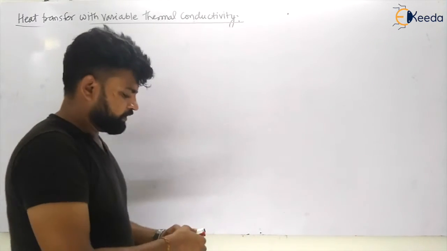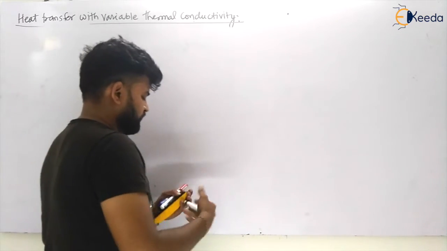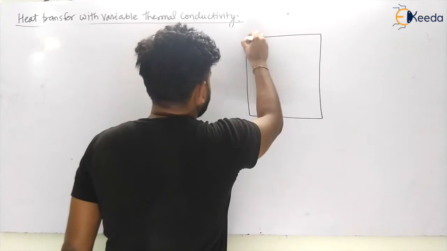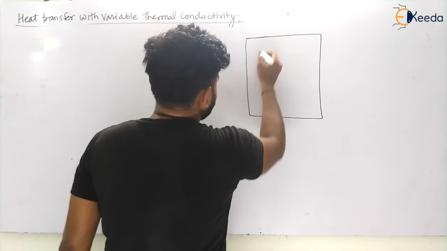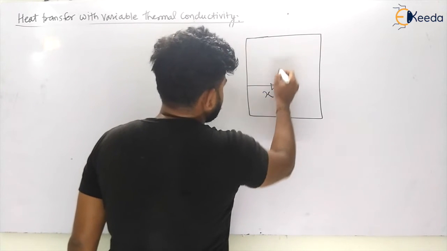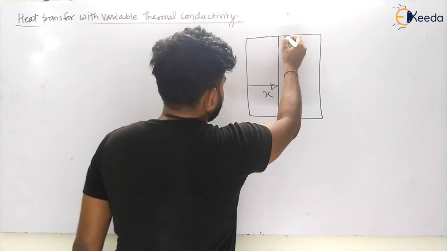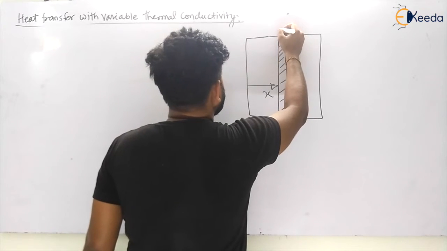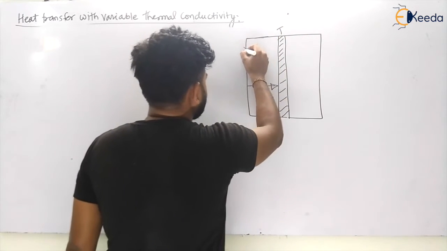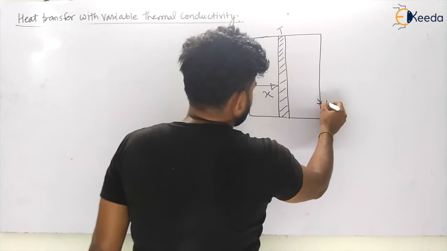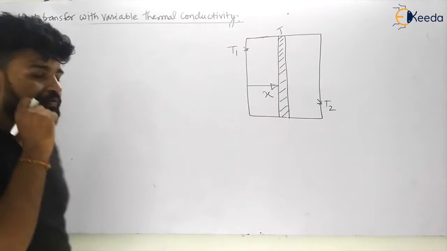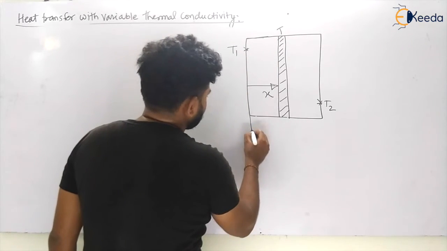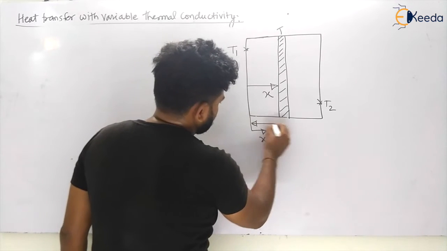If this is your plain slab, and you want to calculate the temperature at any distance x. Let us say you have to calculate temperature T here, and this is your T1, this is your T2. So let us calculate the temperature profile in the case of variable thermal conductivity. This will be x in this direction, and this is your L, my dear students.